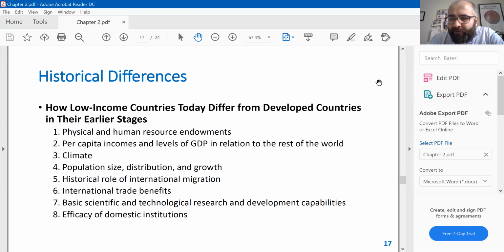Regarding international trade benefits, we discussed this last week, but imagine this. What you have in terms of physical and human endowments affects what you specialize in as an economy.